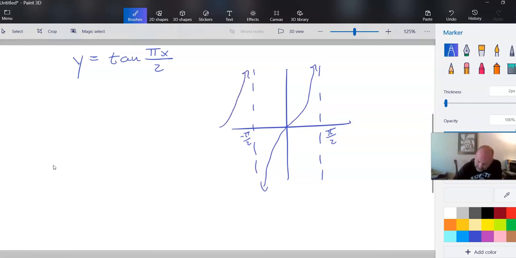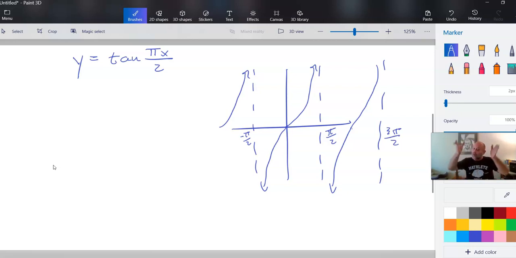So I have another one doing this on this side, and another over here on this side. So these asymptotes are going to repeat, because I have to have another one out here at 3 pi over 2. So we have an infinite number of these discontinuities in this thing now, and we have to be able to accommodate them somehow.